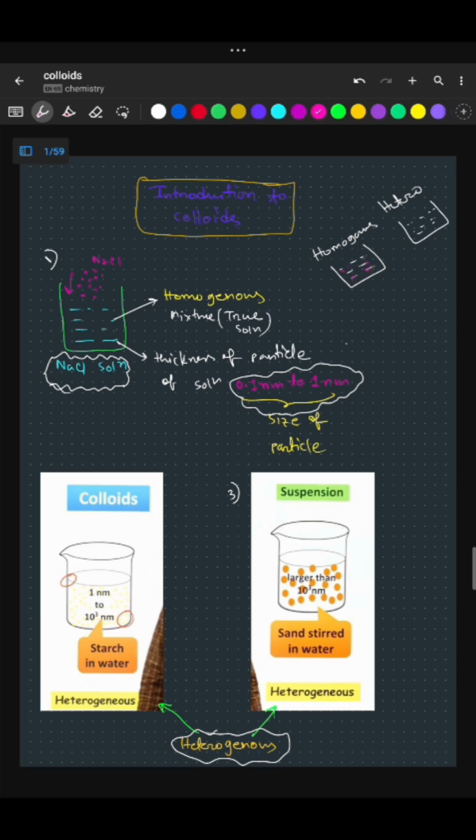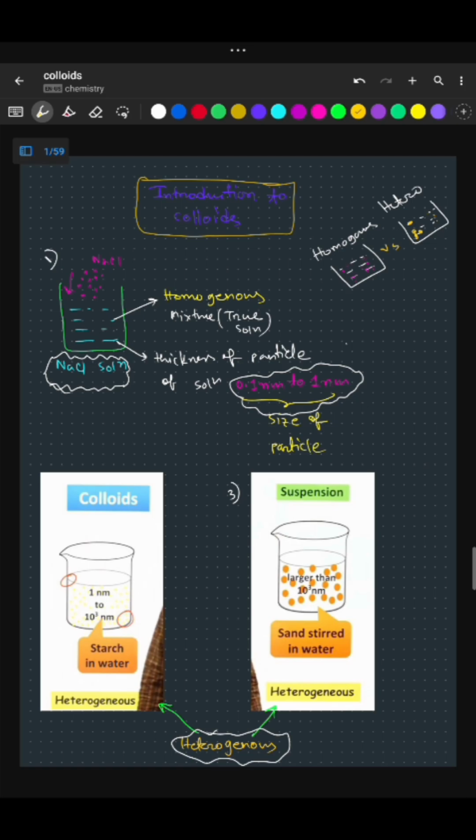It would have the same concentration everywhere in the solution. But when we take a heterogeneous solution, the particle might be dense here, it could be very light here, it could be much denser. It would not have a uniform mixture. I hope you understand what that means. That is the difference between homogeneous and heterogeneous solution.